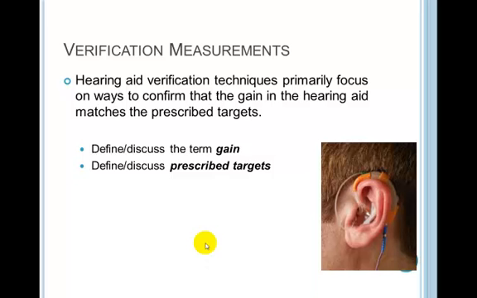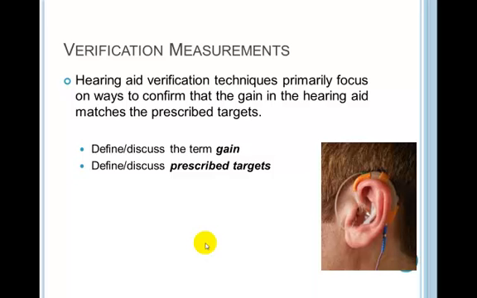Once we fit the hearing aid, so okay, we have a person, they're being fit for the first time. So like I said previously, I may review the audiogram if necessary, especially if they bring somebody else with them. We may discuss again the reasons why we've chosen amplification and why we've chosen binaural, or hearing aids in both ears, versus monaural, or a hearing aid in one ear. We may counsel them again about the hearing loss and their choice.